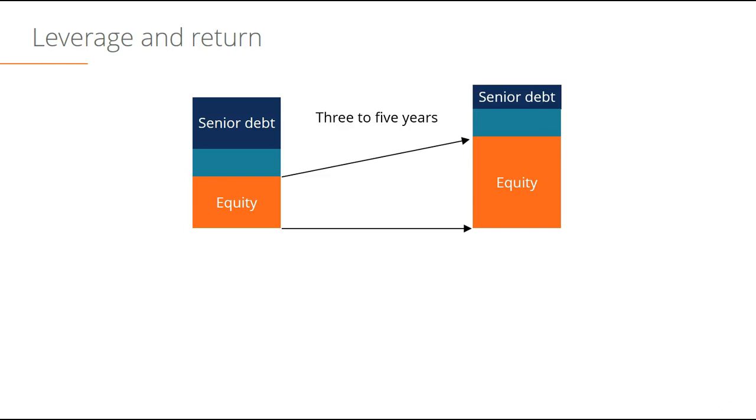So the value of the business has grown, but the majority of that benefit has gone to equity because senior debt's been paid down and subordinated debt has remained the same. So this is how private equity firms achieve their internal rates of return, and they may be targeting anywhere from 20 to 30% returns.